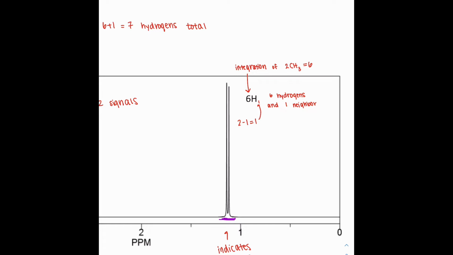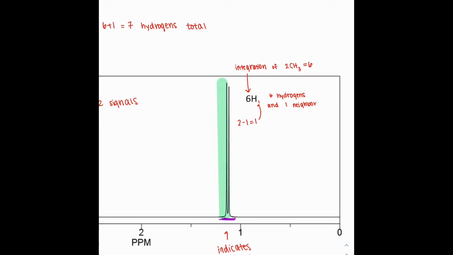Like, the one methyl group is obviously a little bit more downfield than the other one. So this one that I'm gonna highlight more to the left is probably a methyl group that is a little more electronegative based on its surrounding atoms.